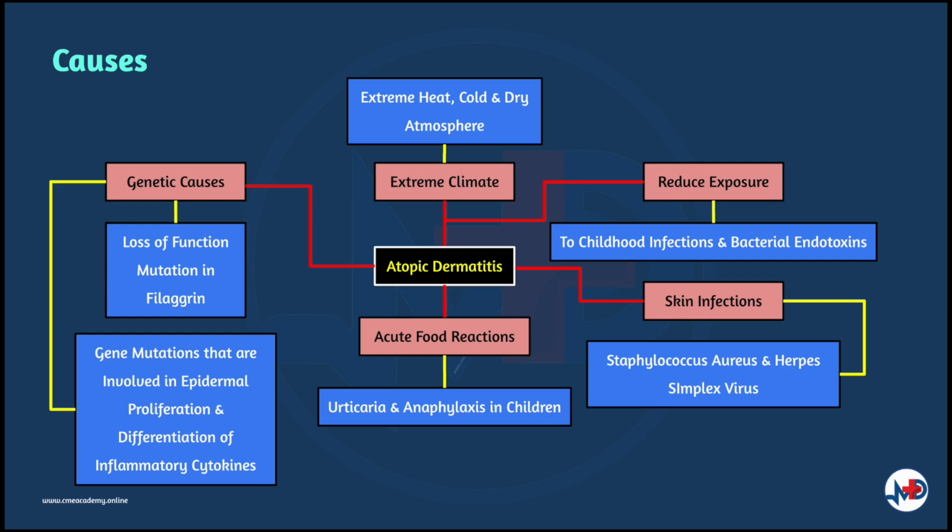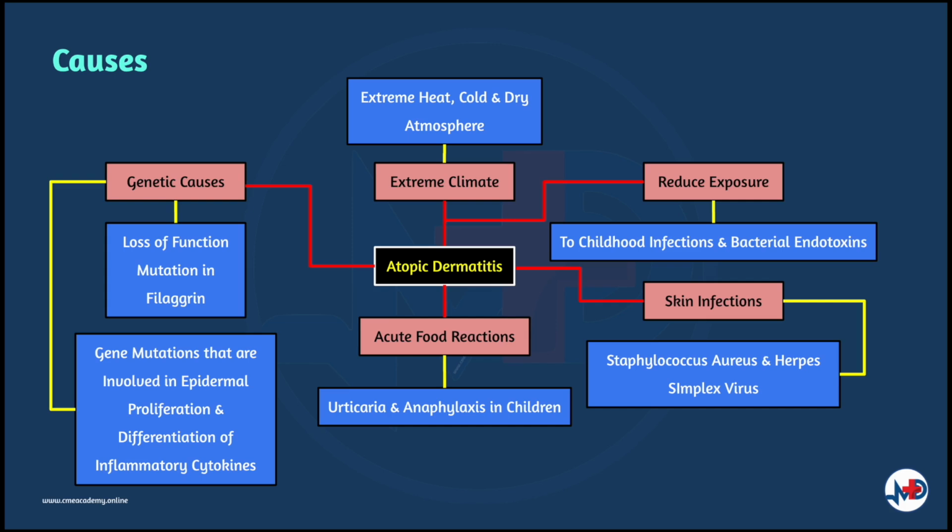Atopic dermatitis is multifactorial. For genetic causes, individuals with loss of function mutation in filaggrin are at the highest risk of developing atopic dermatitis. Other gene mutations include genes that encode proteins involved in epidermal proliferation and differentiation of inflammatory cytokines. Individuals with skin infections such as Staphylococcus aureus and herpes simplex virus are more prone to develop atopic dermatitis.